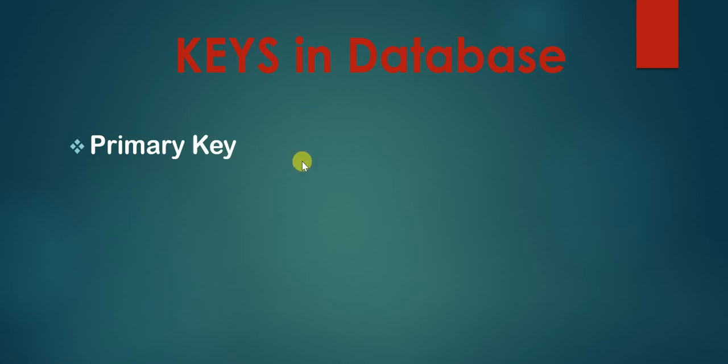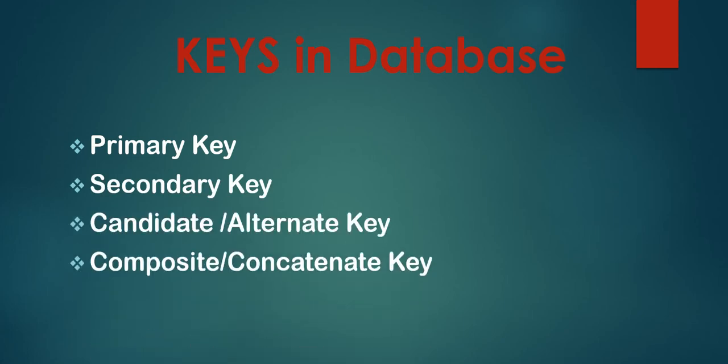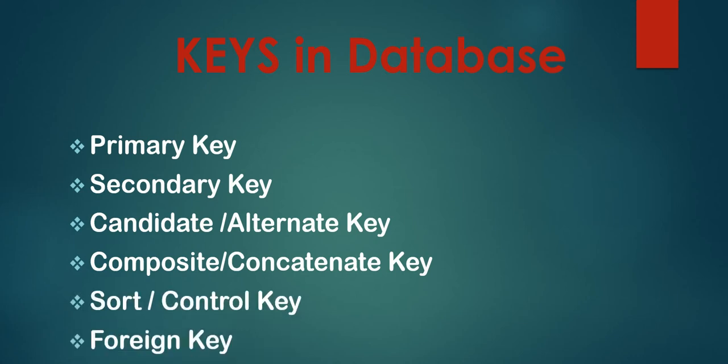First is the primary key. Next we have secondary key, then candidate key, then composite key or concatenated key, then sort key or control key, and then foreign key. One by one I am going to discuss the definition of all these keys with examples. Okay, so let us move towards your book.